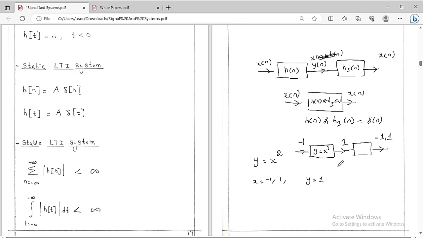Or we can say, listen carefully, for non-zero inputs, if you get a zero output, then by default it is a non-invertible system. For many non-zero inputs, if you get a zero output, definitely it is a non-invertible system. So these things you always have to keep in your mind.